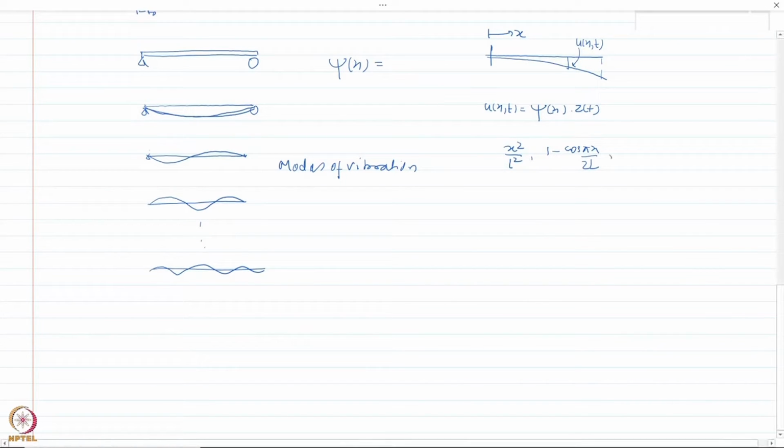Or this deflected shape can be approximated with the static deflected shape of a cantilever beam subject to a point load at its end, so that it can be represented using 3x square by L square minus x cube by L cube. So, depending upon what shape function we choose, we can have multiple shape functions to represent the deflected shape of this structure.